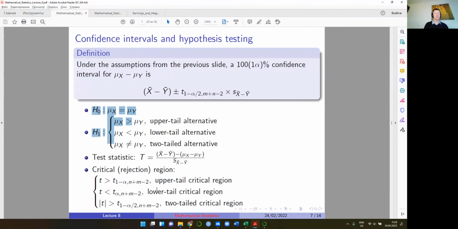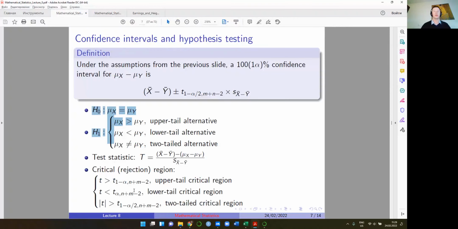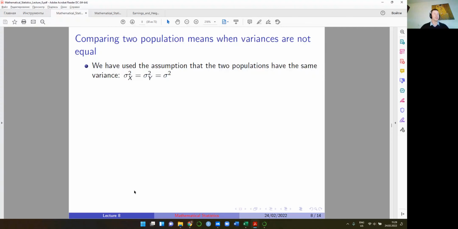Okay, so let me skip the part about the hypothesis testing because we have 10 minutes to finish, and we have quite a lot of things to discuss. As I said, we have assumed that two samples have the same variance.